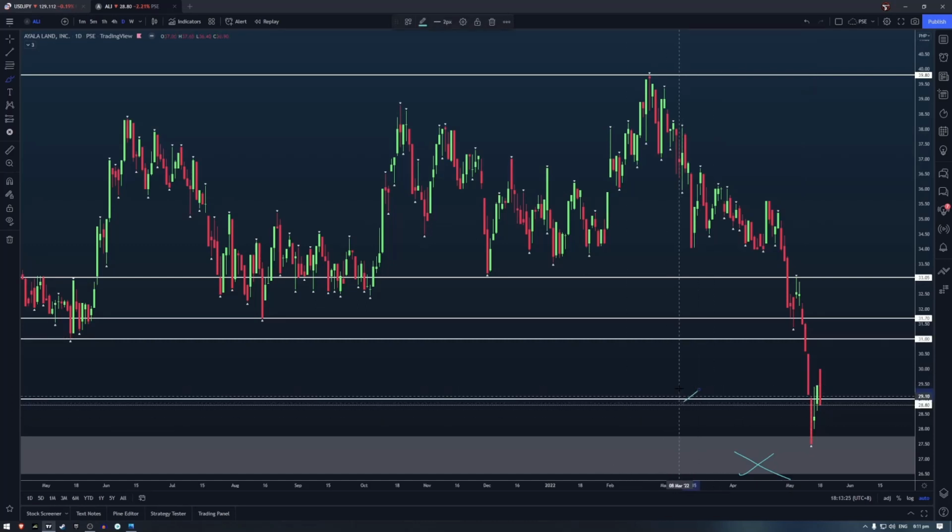Number 2, itong level na sinabi natin na 29. As we can see, price tried to trade above it. Today, it actually gapped up and tried to push higher pero wala, no? Talagang nag-up tayo tapos we just push lower all throughout the day, closing beneath tong 29 pesos na level pa rin. Okay?